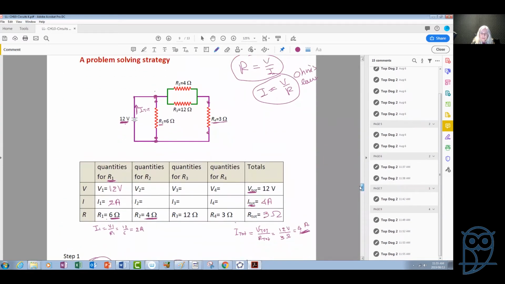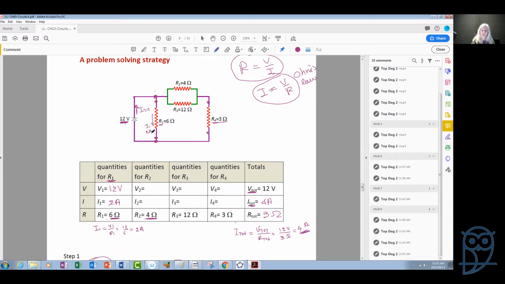I wonder if I can do all of it here, because in the next page we don't have this diagram. All right, so this I1 now is 2 amperes. So the current in the resistor R1 is 2 amperes.